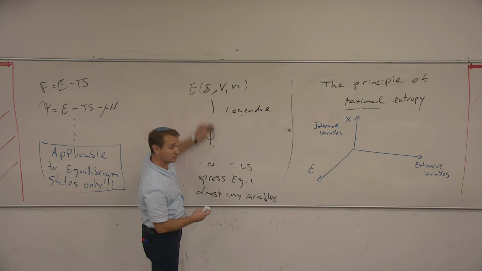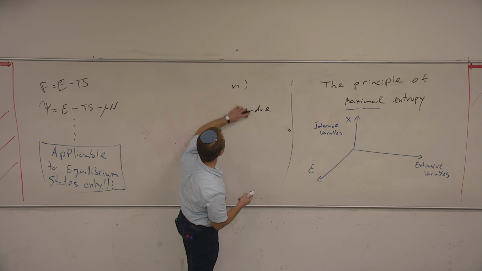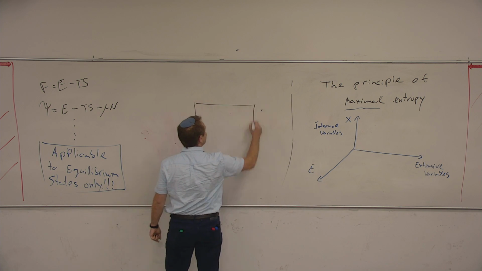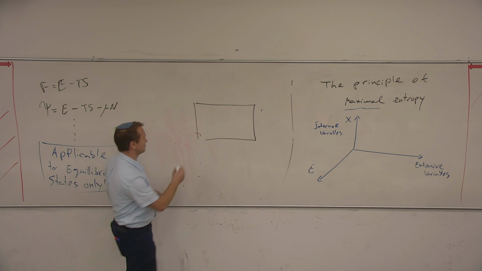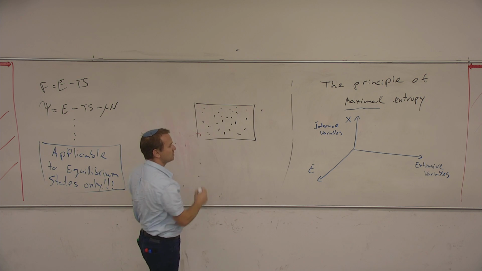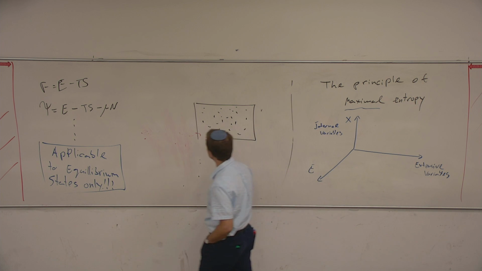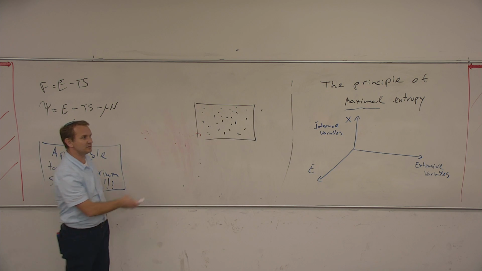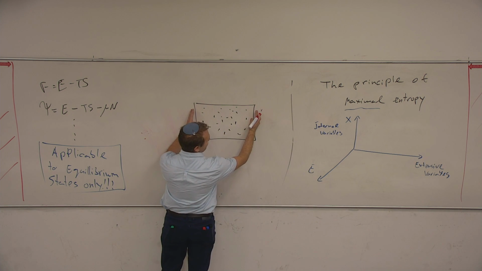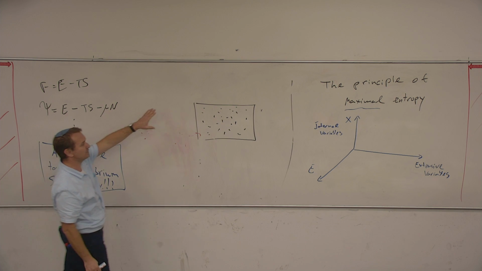Let's assume that I have a simple box with gas molecules inside of it, and I assume that this gas inside this chamber is in equilibrium. The extensive variable is the size of the chamber, and there can be some adiabatic constraints on what happens to the system.